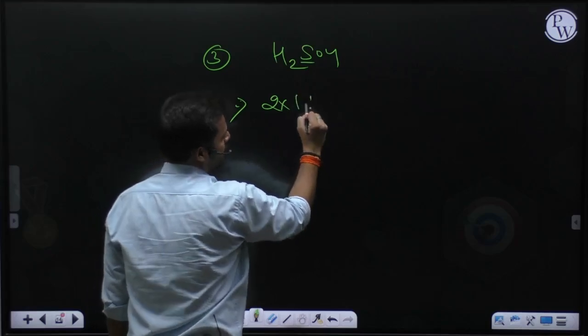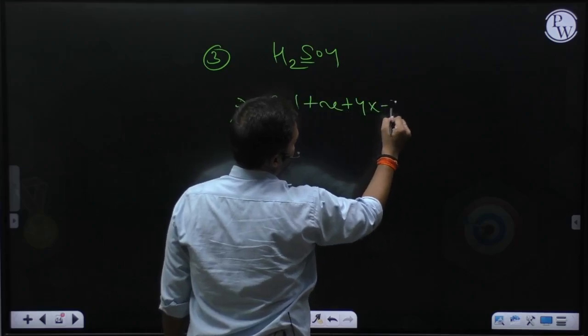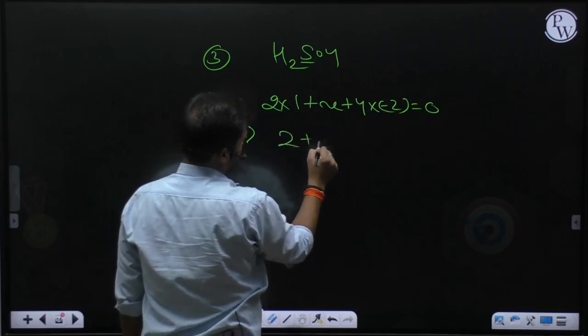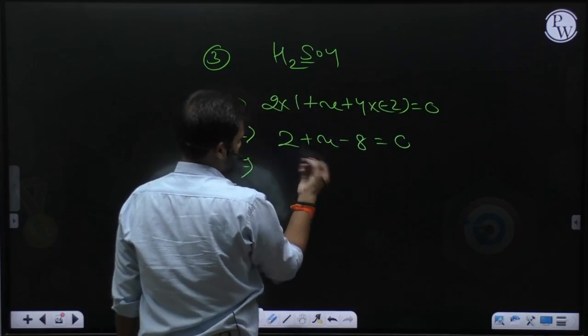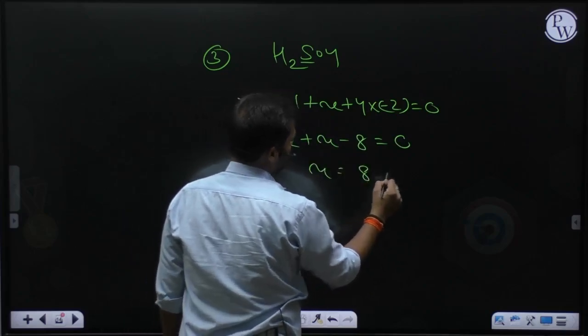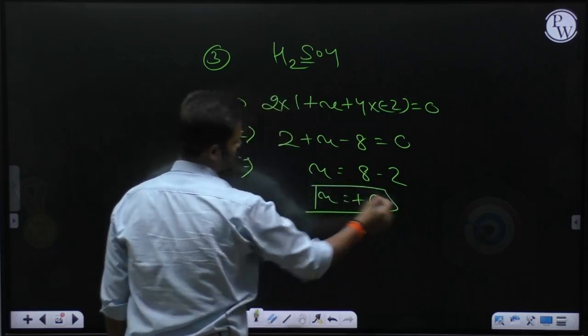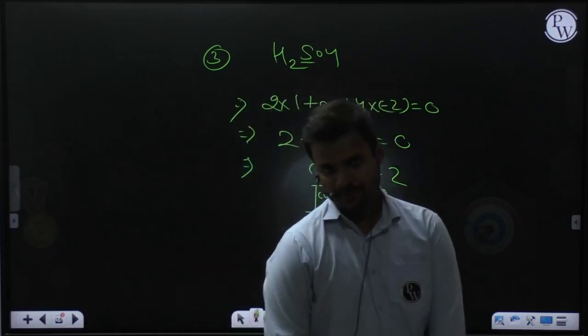So 2 into 1 plus X plus how many oxygen? 4, so 4 into -2, and the sum is taken as 0. So this is 2 + X - 8 = 0, so X = 8 - 2. X is coming out to be +6. So the oxidation number of sulfur in H2SO4 is +6, right?